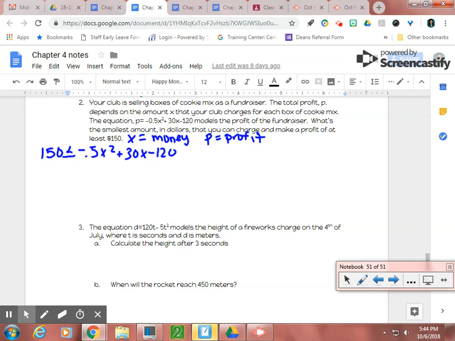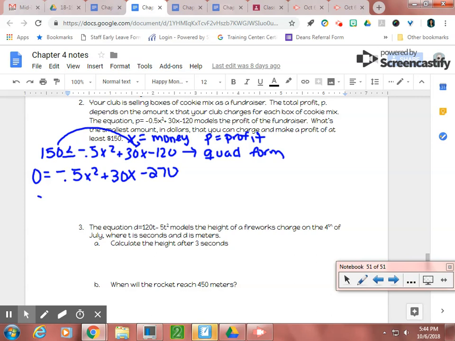So if you want to solve this, you want to find your zeros. So you would use the quadratic formula. So if you're using the quadratic formula, this -150 has to come over to the other side. So I would set this up with an equal sign now. -0.5x squared, 30x, and then this is going to give me -270. So now I can put this in the quadratic formula.